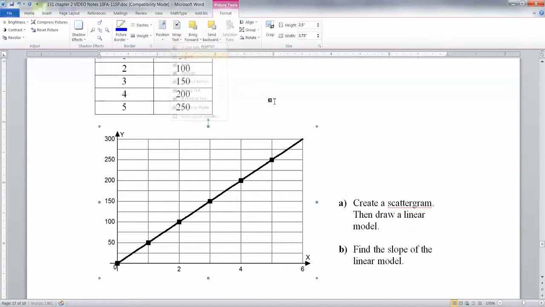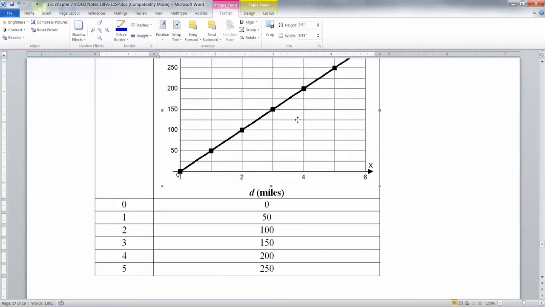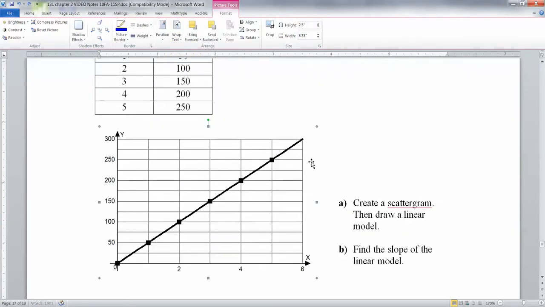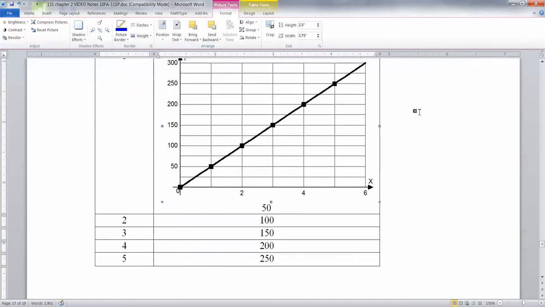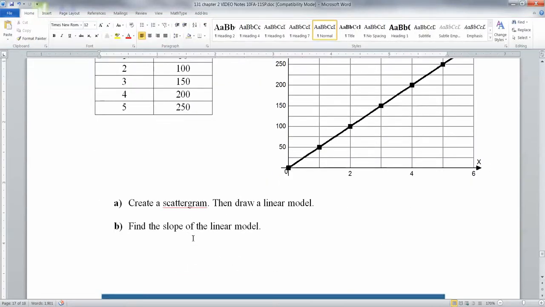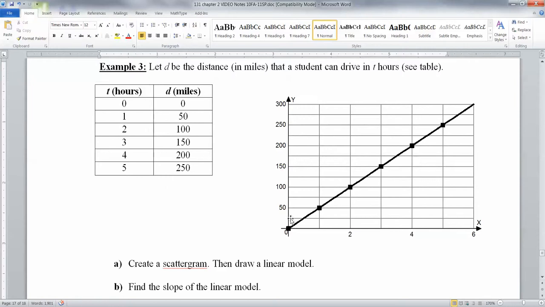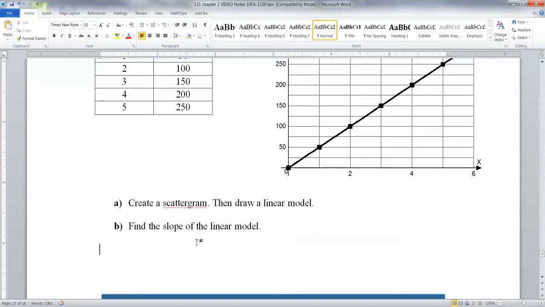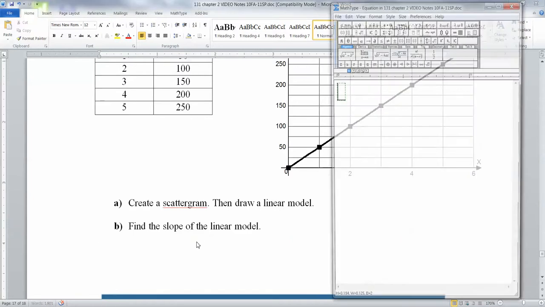Now we need to answer the other questions. Oopsie, that was not what I wanted to do. Hold on. There we go. So we're supposed to find the slope of this model, which hopefully you can see. The slope is the rate of change here. So your rise over your run. So let's see here.